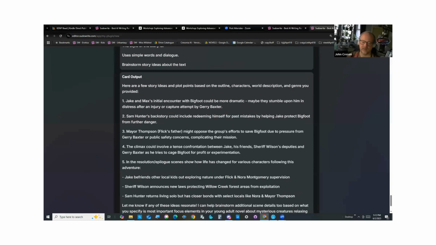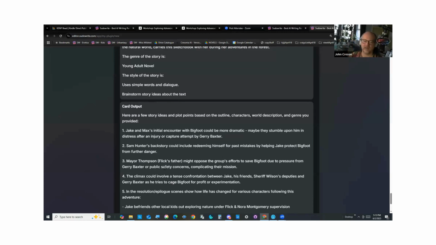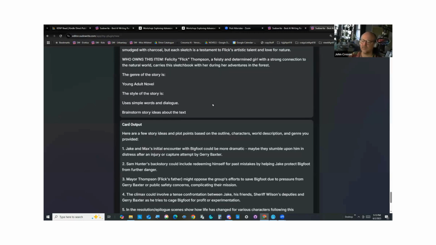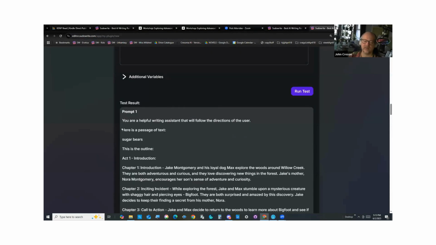Jake and Max's initial encounter with Bigfoot could be more dramatic. Maybe they stumble upon him in distress after an injury. So because I've given it extra context, it's ignoring the beginning, the very first words: here's the passage of text. Maybe it's ignoring that you're a helpful writer, but it certainly forgot what we're doing, which is taking sugar bears and giving me ideas about sugar bears.